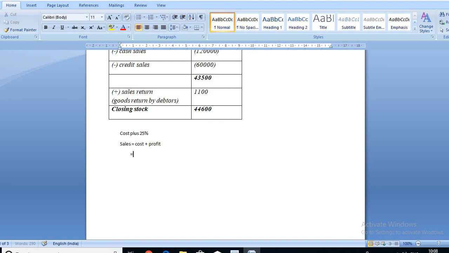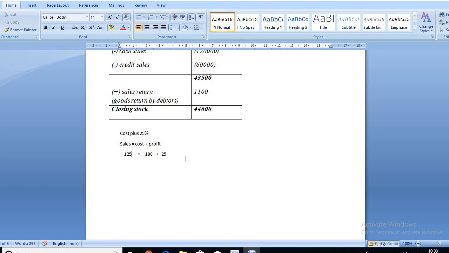What's the profit percentage? Profit percentage is 25%. This 25% is based on cost. So cost will be 100. What's the value of sales? Sales will be 125.